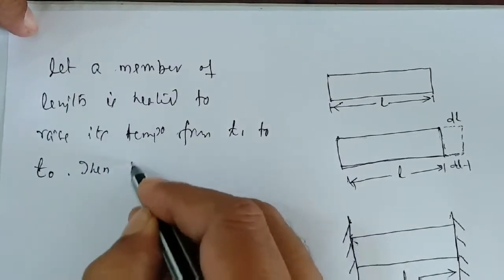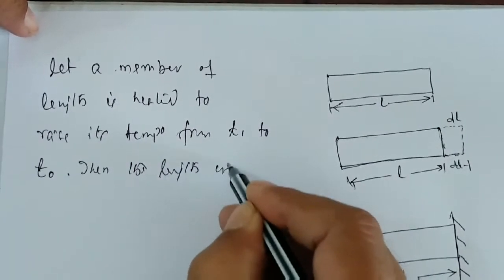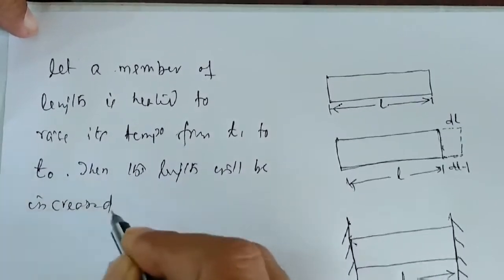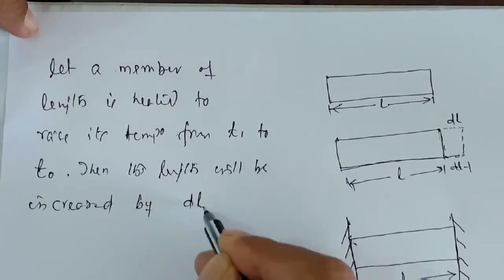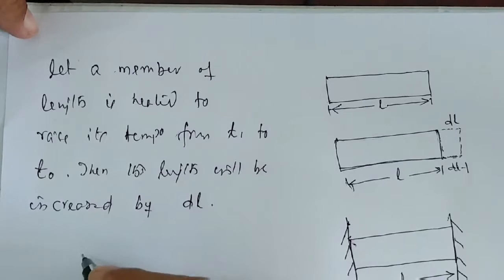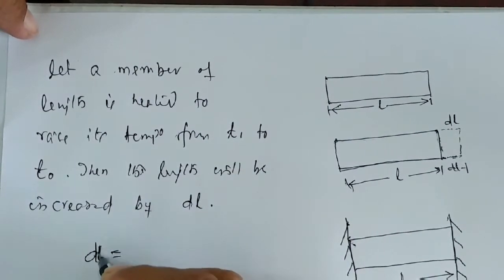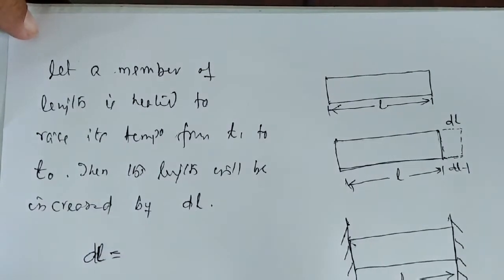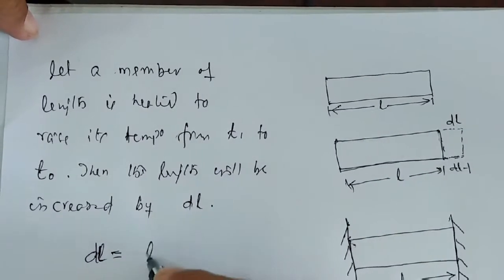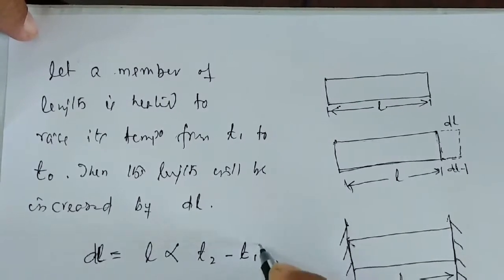The length will be increased by dl, and the amount of dl, if it is only due to heat, is dl equal to L alpha (T2 minus T1).